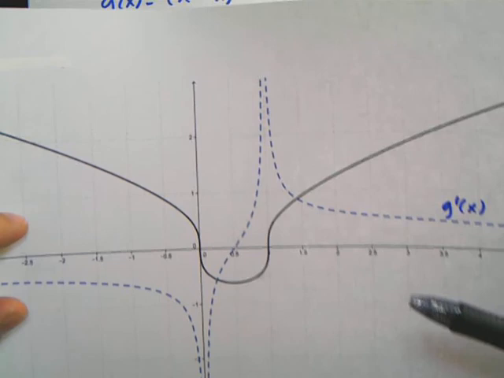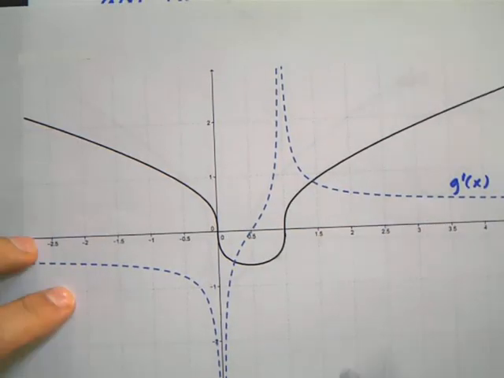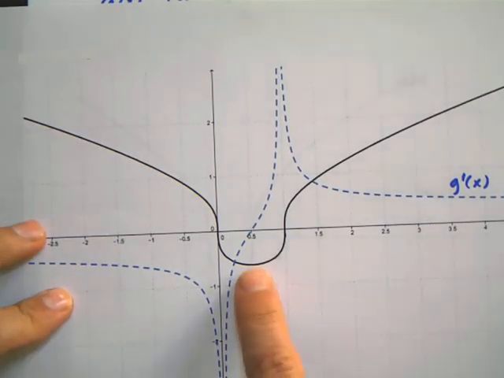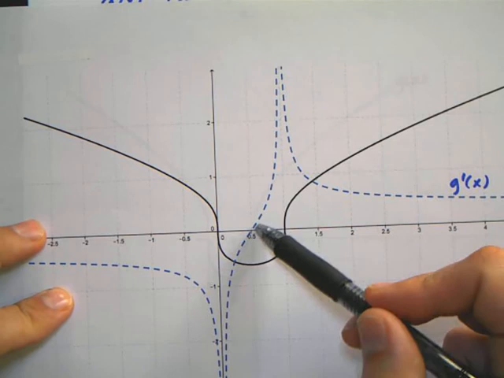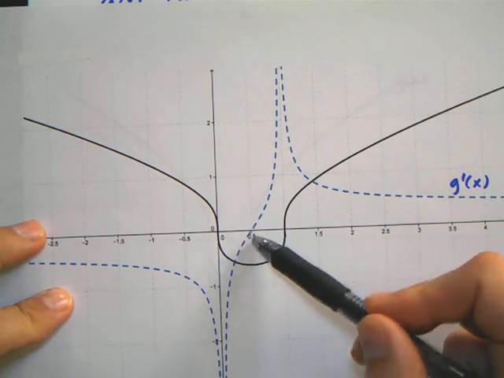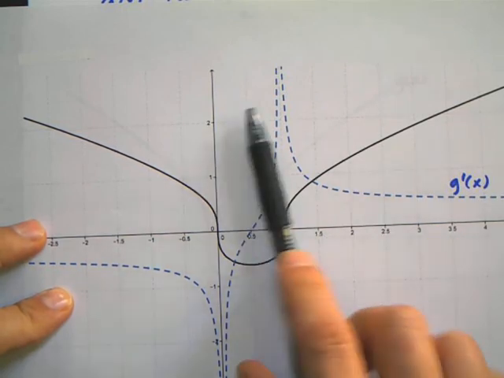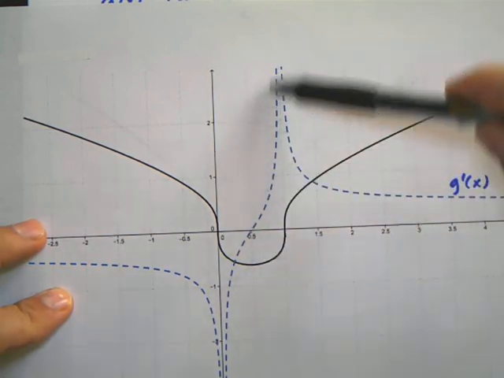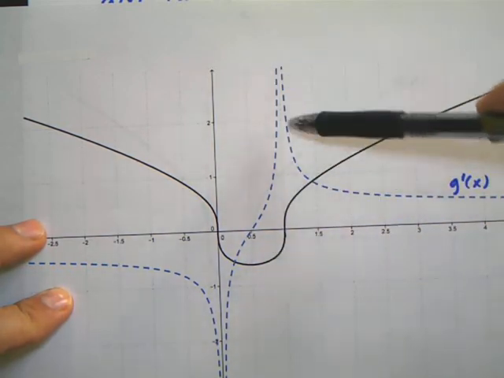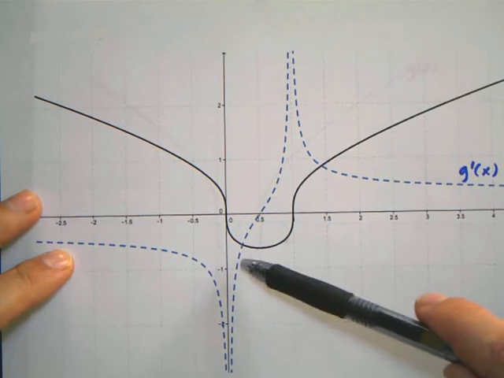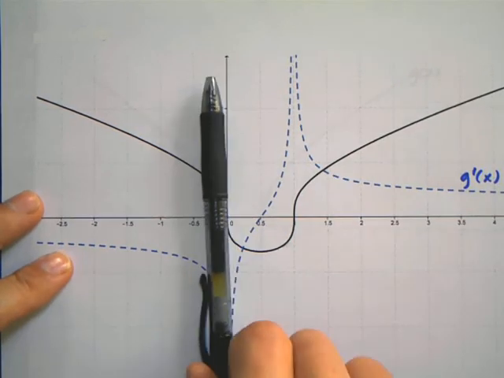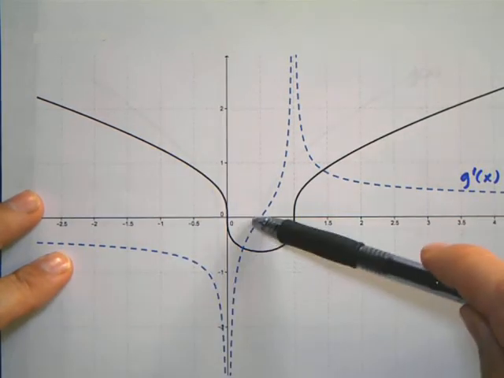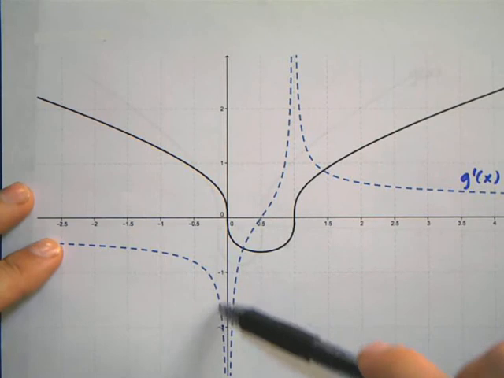That's where it's crossing the x-axis, and also at 1 it's a vertical tangent, and you can see that the derivative is undefined because it has a vertical asymptote. And same thing with that 0, the function is undefined and there's a vertical asymptote in the derivative, making it undefined. And that's it for this video.